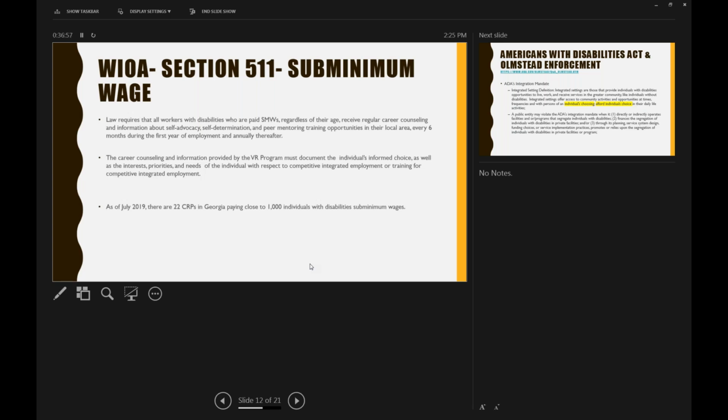All those things have to be conveyed to the people who are receiving subminimum wages, and help them understand, in terms that meet them where they are, why it's important for them to make those informed decisions, and what it means to them versus being in a program that they are used to, where they might be making $2 an hour or $3 an hour.